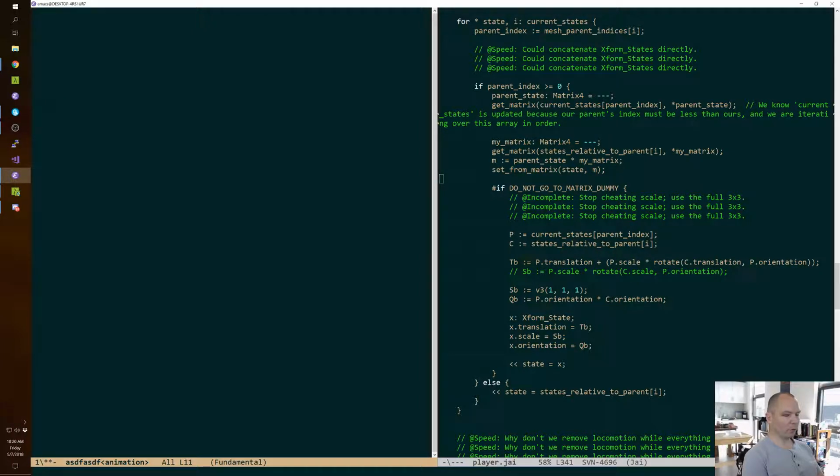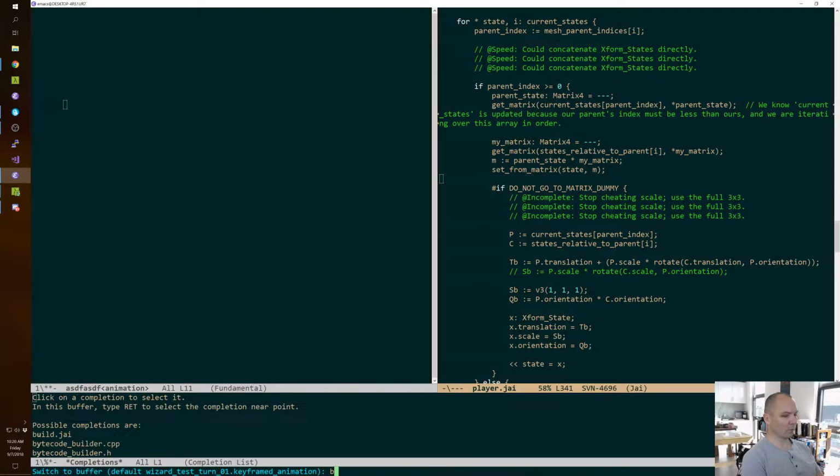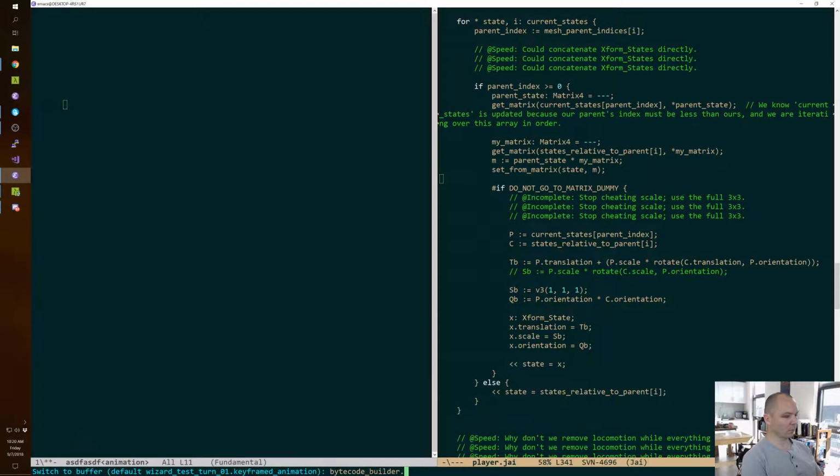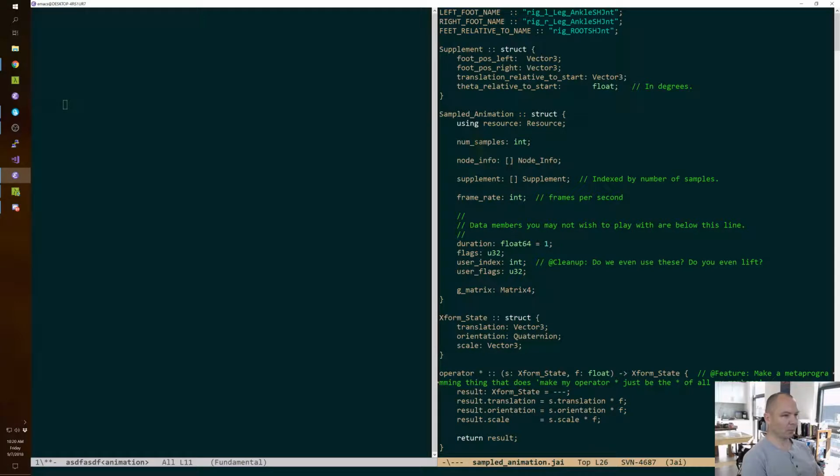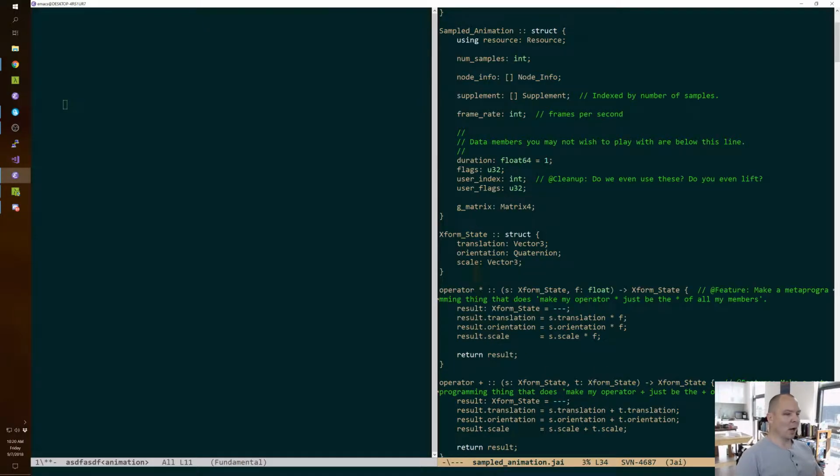We spent some time in previous streams figuring this out, but we have this X-form state. Let's go back and look at that. Sampled animation. So we have this X-form state. It's got a translation, an orientation, and a scale.